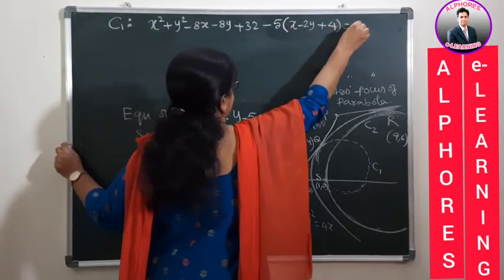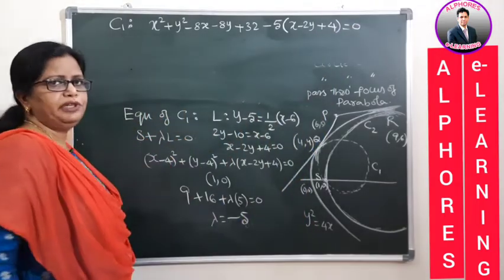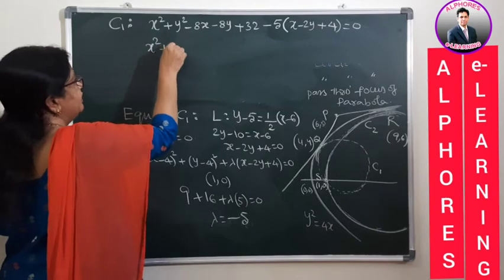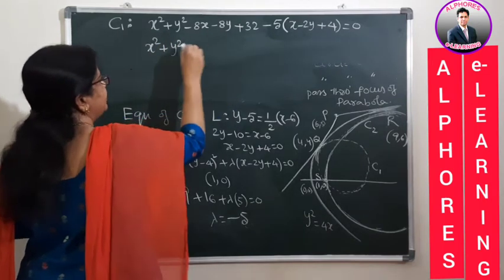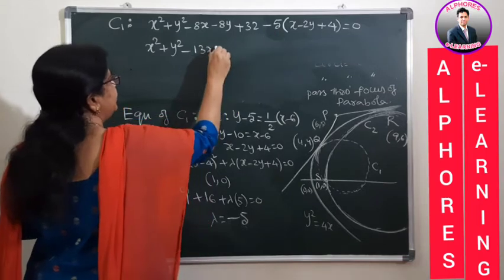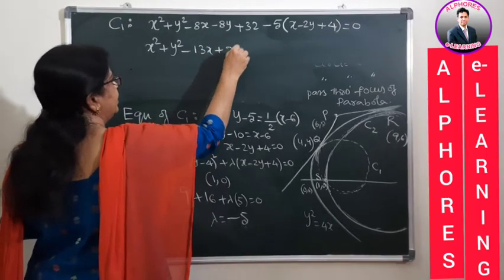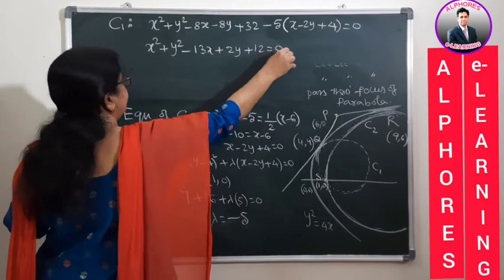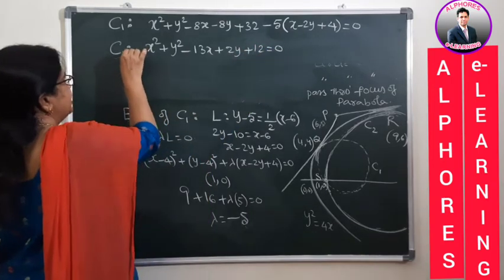So this is the equation of the circle which we obtained, and let us simplify. This is x square plus y square minus 8 minus 5, so minus 13x, and minus 8 plus 10, therefore plus 2y, and 32 minus 20, so 12 equal to 0. So this is our circle C1.